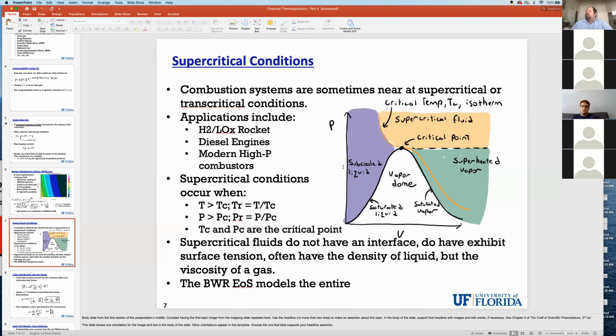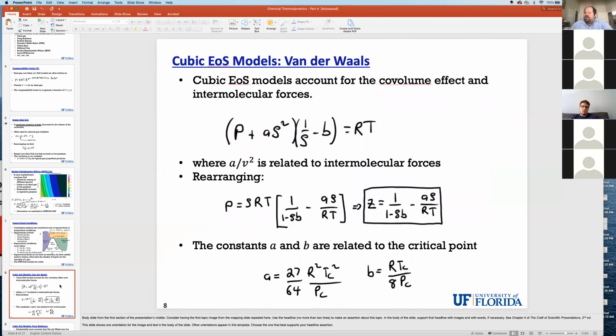Okay, so for supercritical combustion, where you are worried about the critical point, we need an accurate equation of state that is not too complicated and that can replicate some of the features of the critical point and nearby. One of the classic equations of state that can do that, albeit poorly, is the van der Waals equation of state.